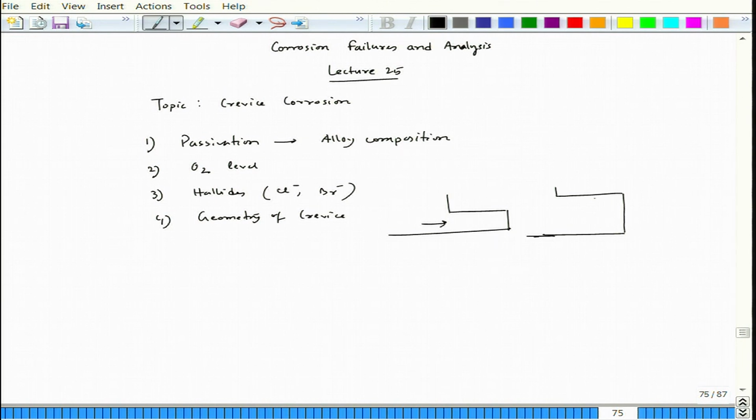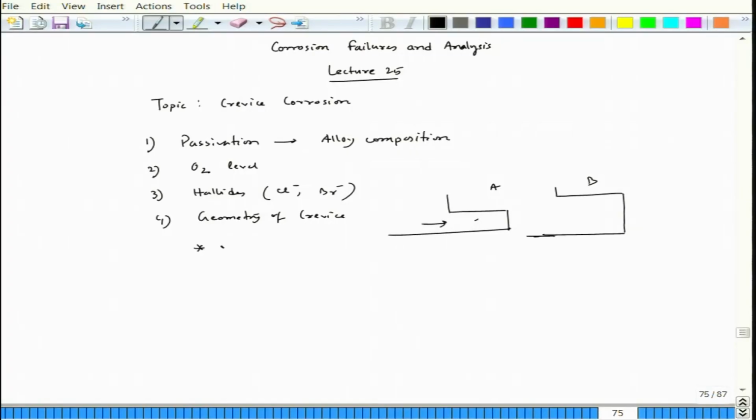So, this area is much larger than this area. Let us say this is case B, this is case A, and interestingly case A would have a higher crevice tendency than case B. The major important factor is that the crevice should be as small as possible, but at the same time it should be as large as possible also.